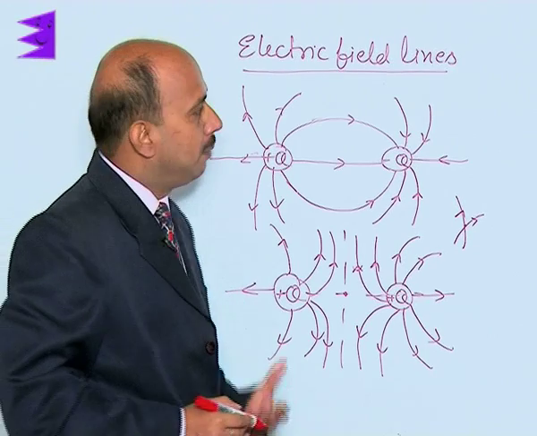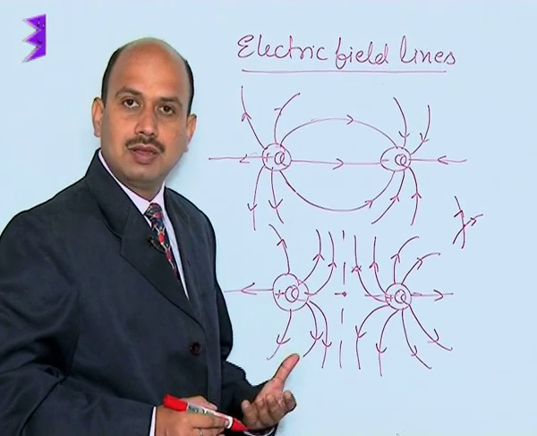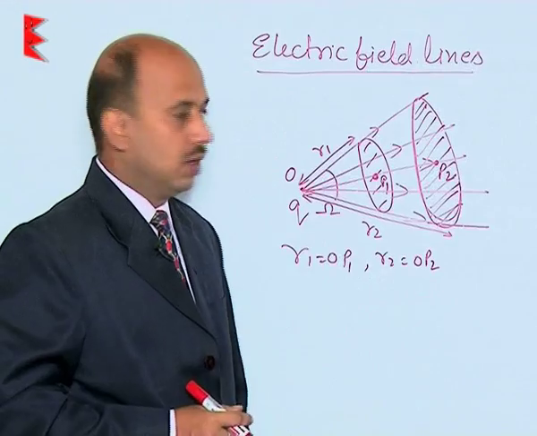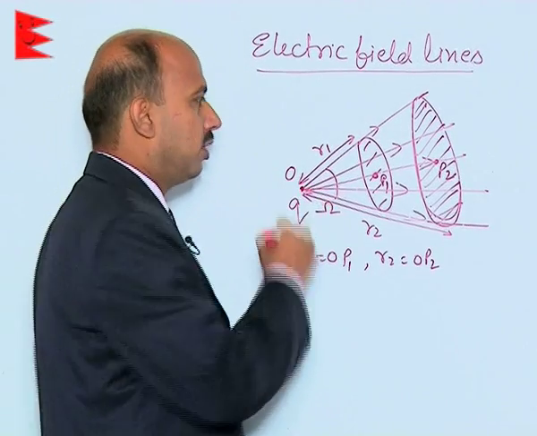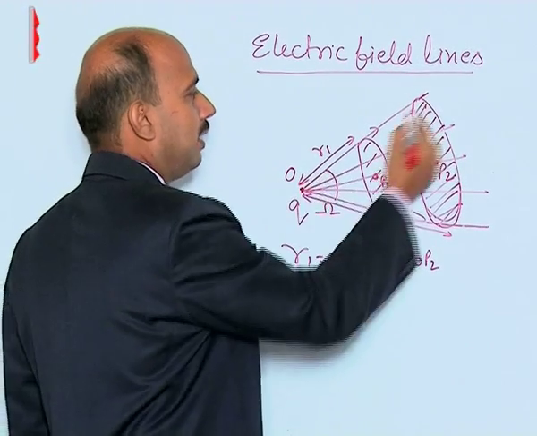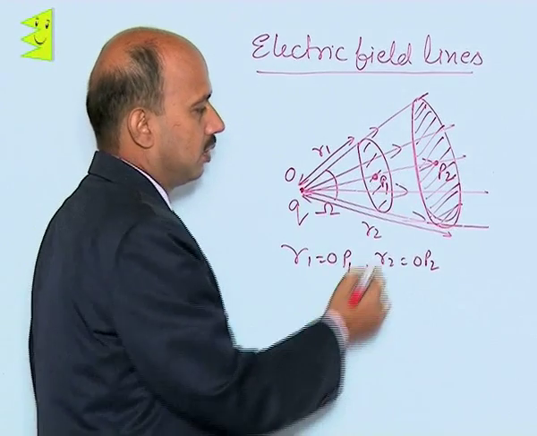Now see here, dependence of electric field on the distance. There is a point charge q, and we have taken electric field lines radially outward.